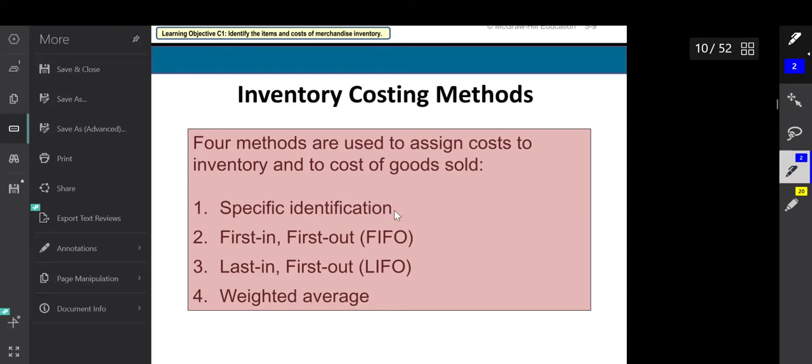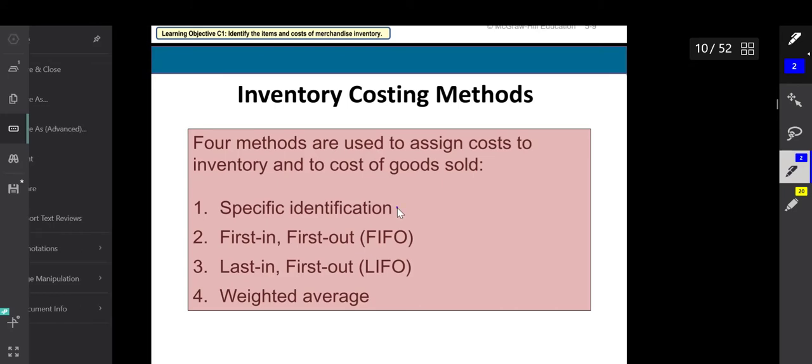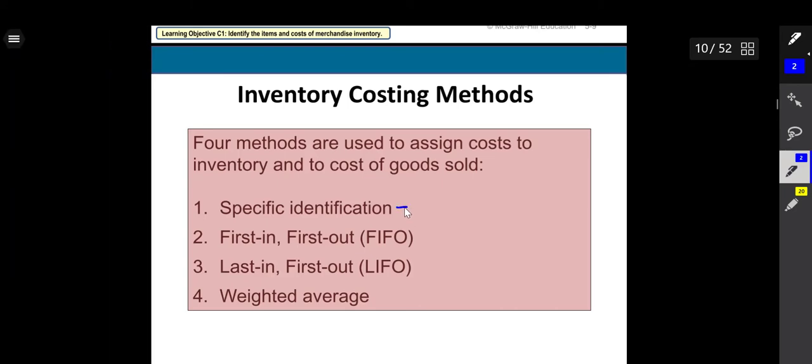In the first part of this lecture we were talking about valuing inventory, and we have specific identification, FIFO, LIFO, and weighted average. Specific identification is going to be for large items, okay? We're not going to use this with a high volume retailer.